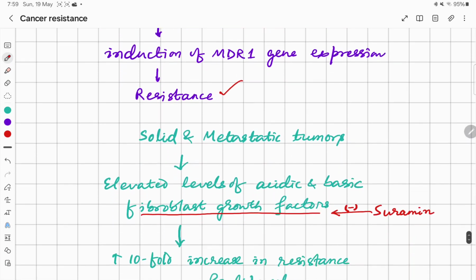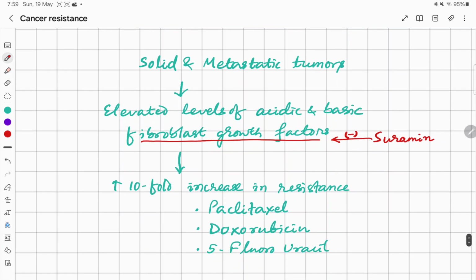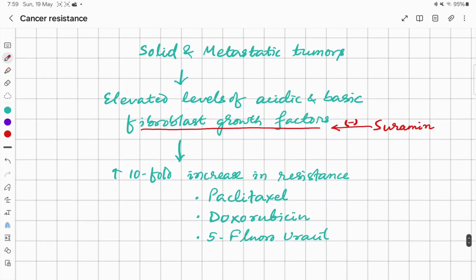Similarly, in solid and metastatic tumors, there are elevated levels of acidic and basic fibroblast growth factors, and that can lead to a tenfold increase in resistance.